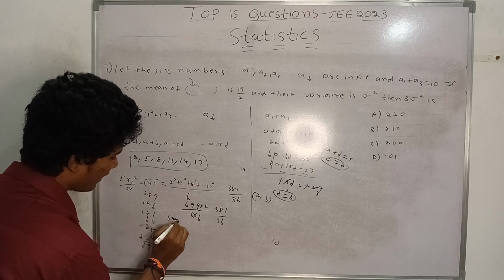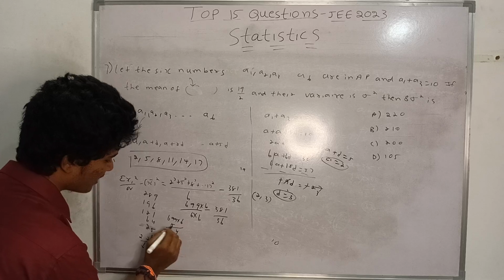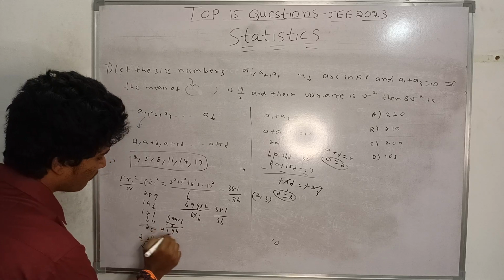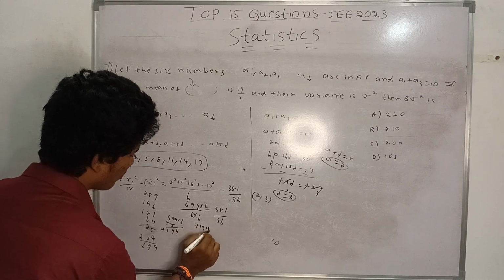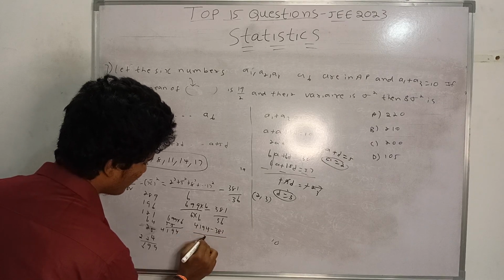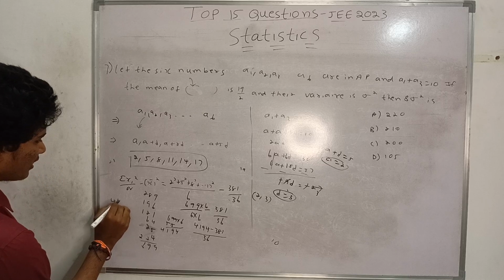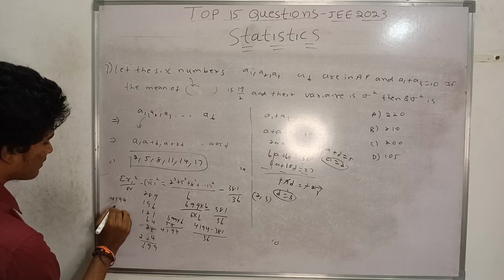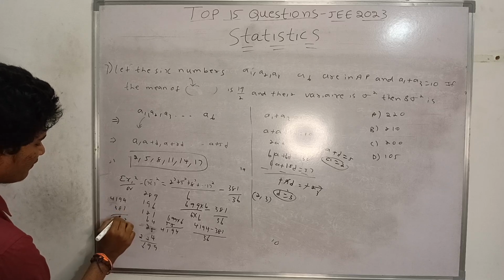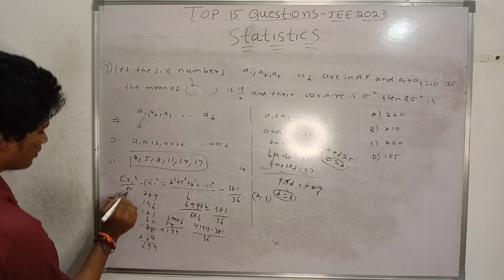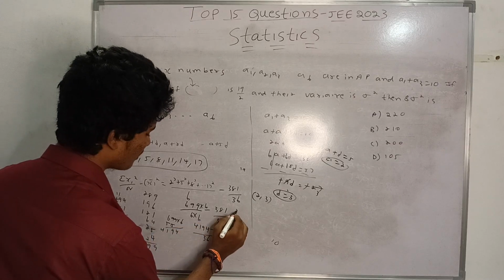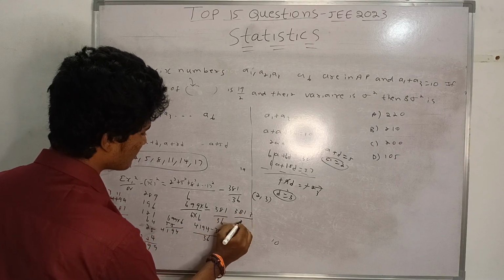So 699 into 6 is 4194 minus 381 divided by 36. So 4194 minus 381, it is 3813 divided by 36.